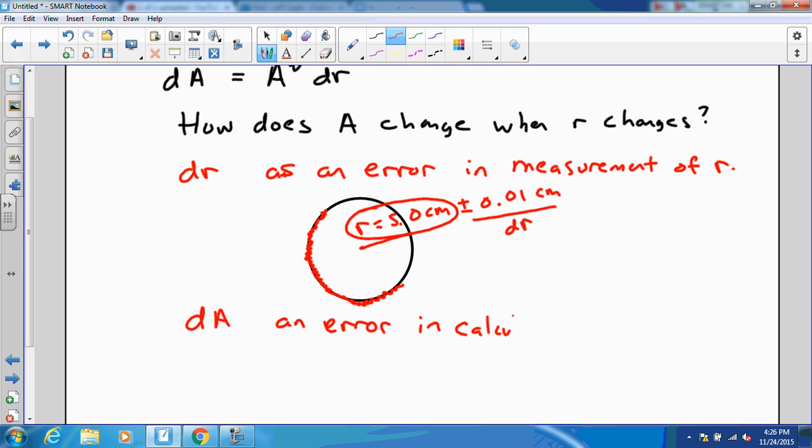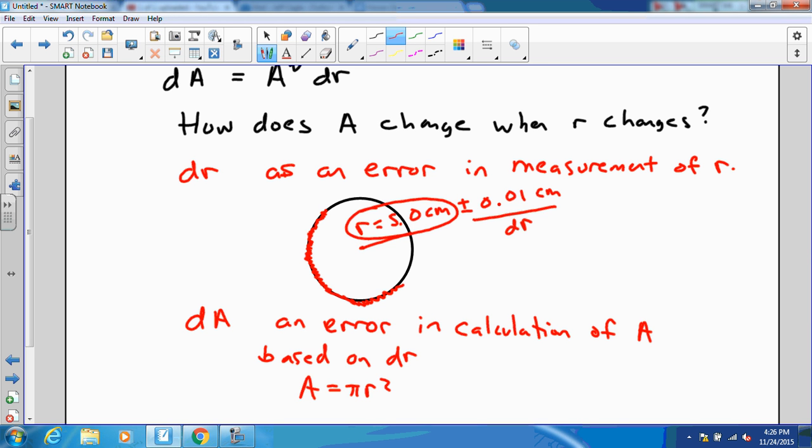And so dA then would be an error in the calculation of A based on dr, the error in measurement of r.